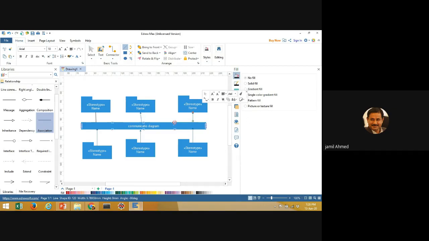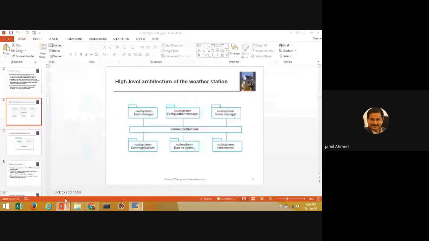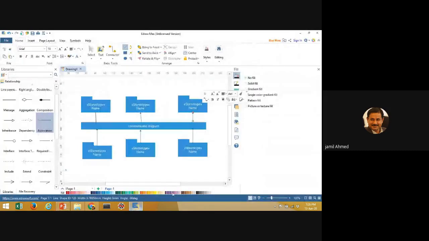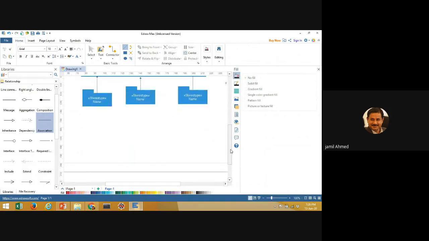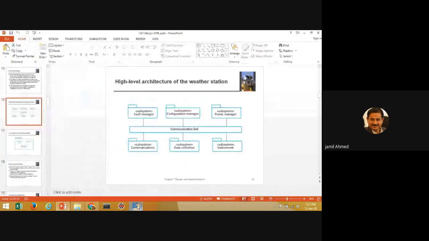By drawing this one you can name these things for the weather station highlights. This is very useful for us and gives us an idea of how we can develop the architectural design by using the software components. Hopefully this video will give you lots of help and assistance.